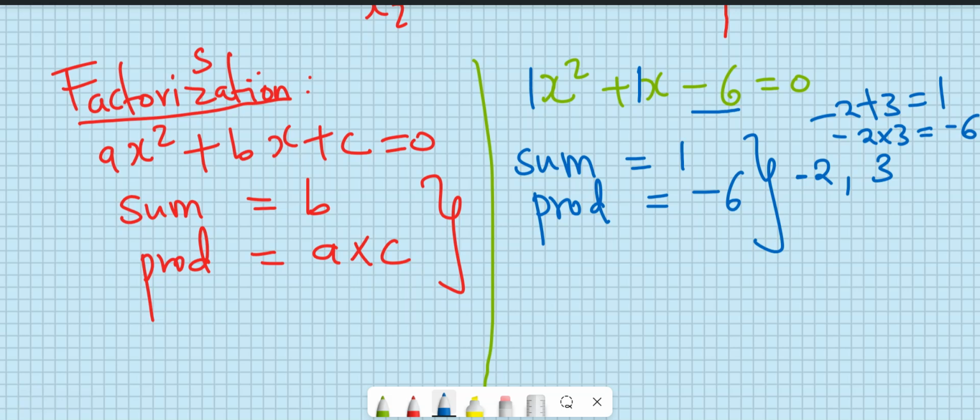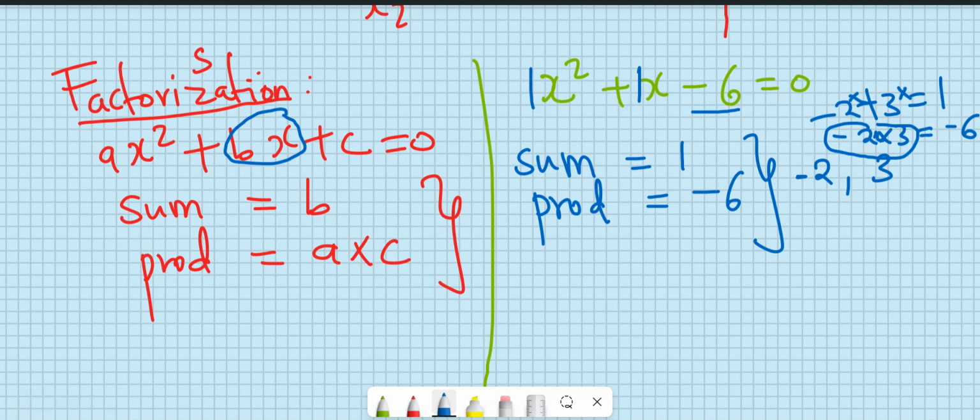So after you've gotten these two numbers, negative 2 and 3, you know there's an x here, there's an x here. You come and replace: the two numbers that you've gotten, go replace them where there's bx, and please observe the signs.